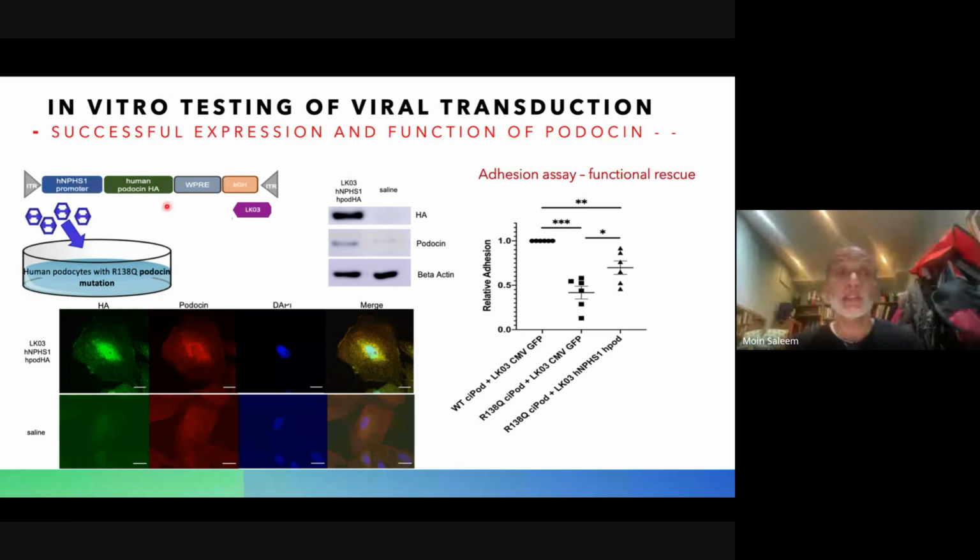This time it's got an HA tag, so the HA we can show up green again, and you can see it nicely in the podocytes here. These are the podocytes which express the protein of interest.